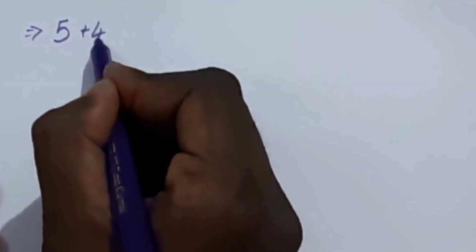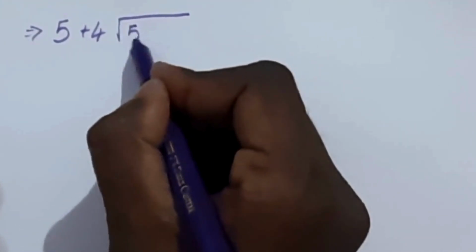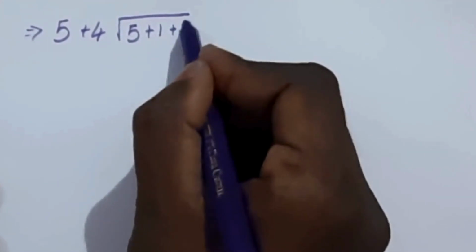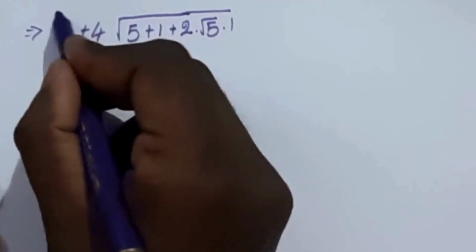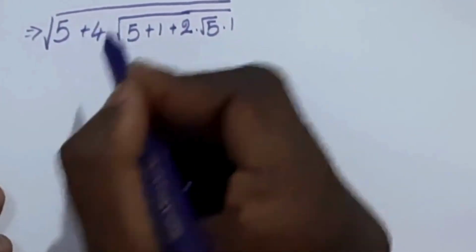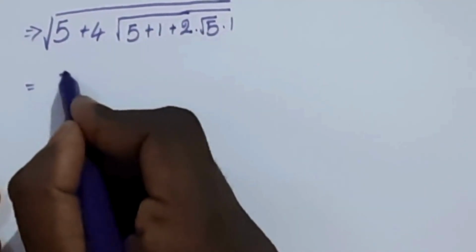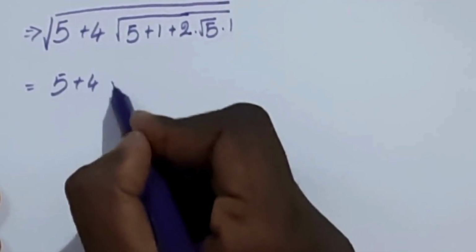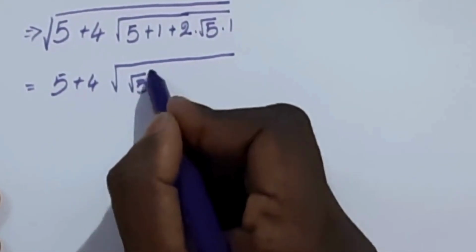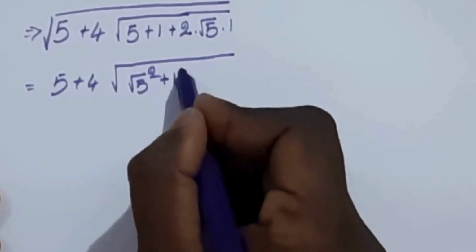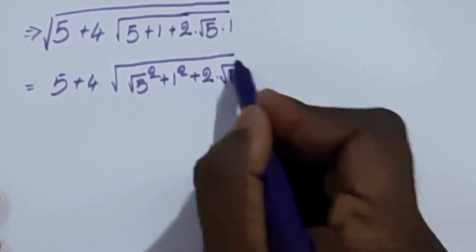So 5 plus 4 square root of 5 plus 1 plus 2 times square root of 5 times 1 in whole square root. Now change this as 5 plus 4 square root of, this can be written as square root of 5 square plus 1 square plus 2 times square root of 5 times 1.